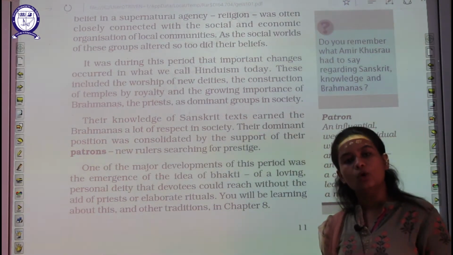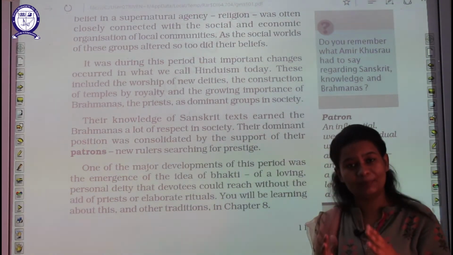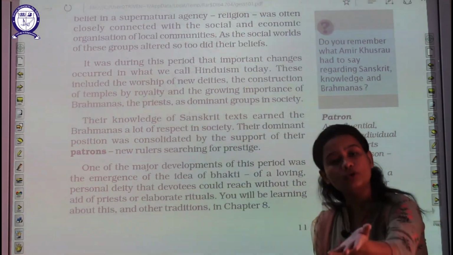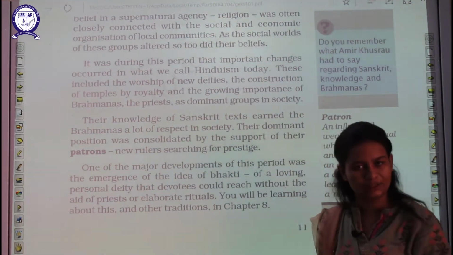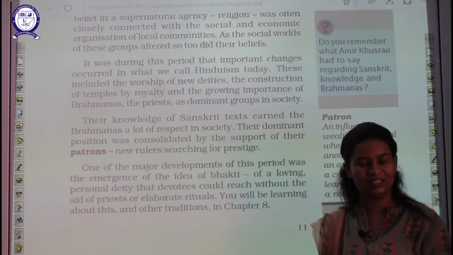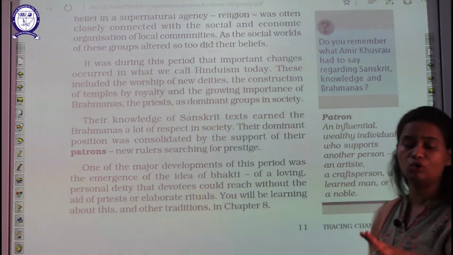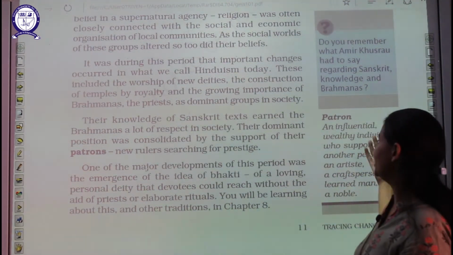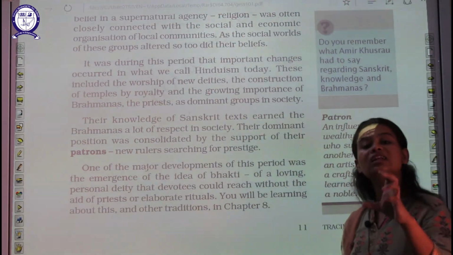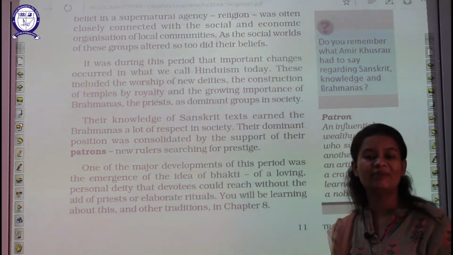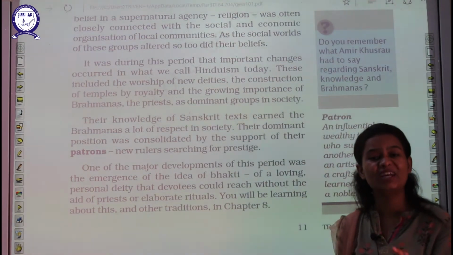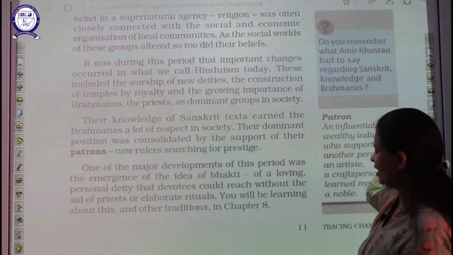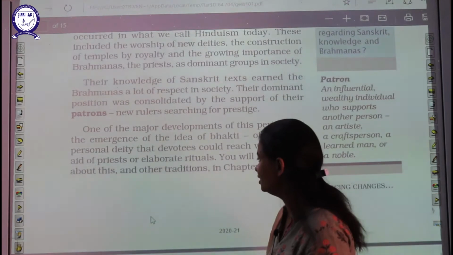Influential means having the capability to influence the decisions of other people, and he is wealthy as well. Generally, all the learned men or noblemen, as I gave you the example of priests or Brahmins, were considered patrons in this case.